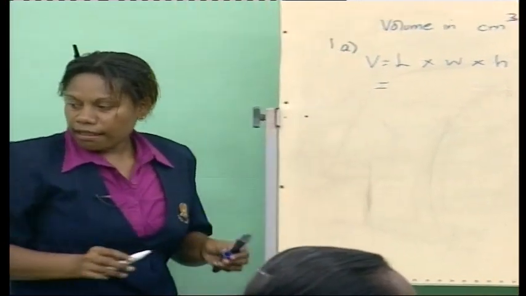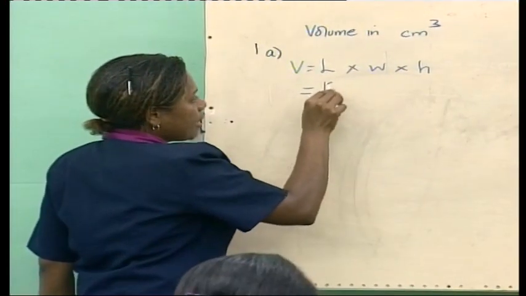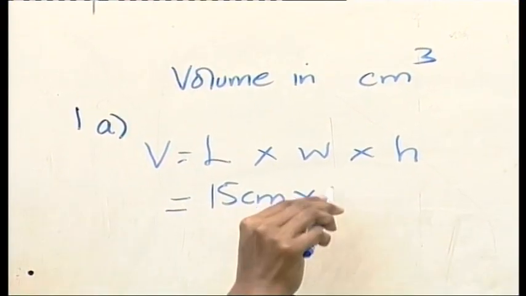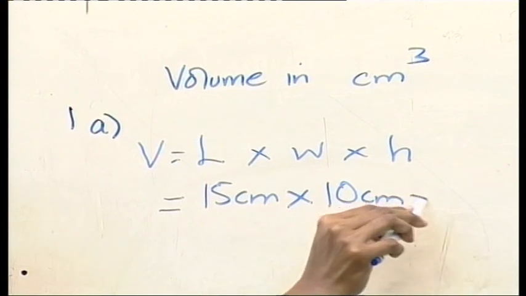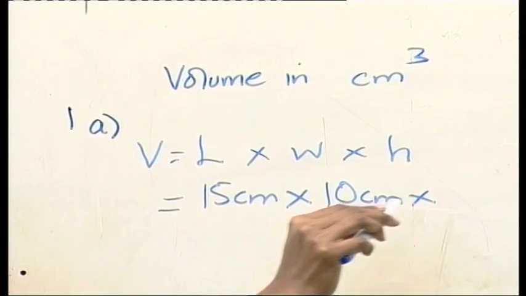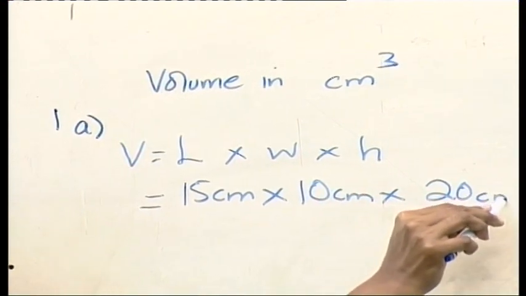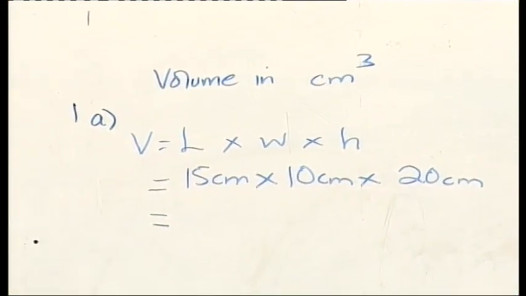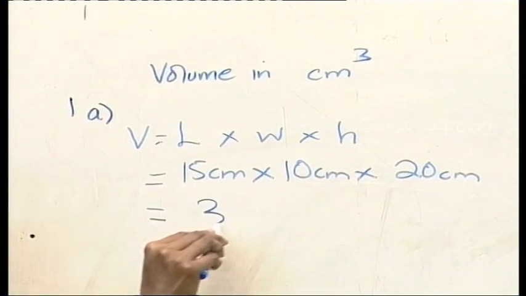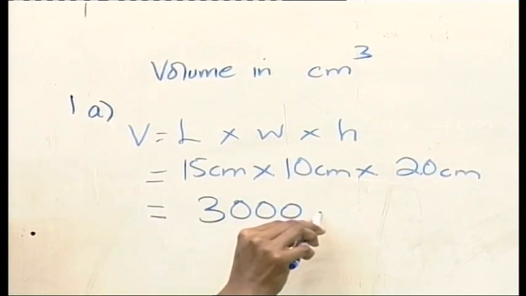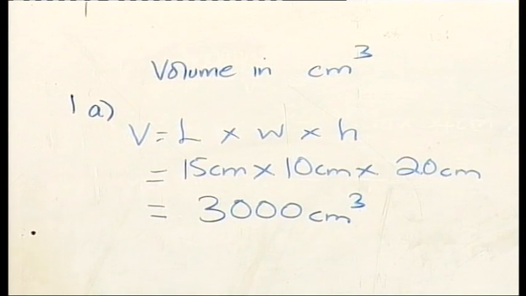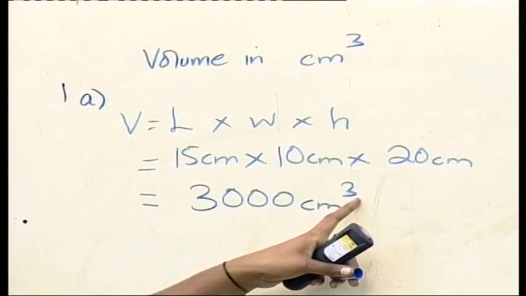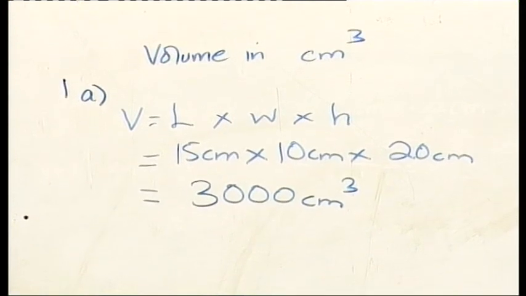So what is the length? 15 centimeters. The width? 10 centimeters. And the height? So the volume is 3,000 cubic centimeters. All right, 3,000 cubic centimeters. Volume must always be in cubic units.